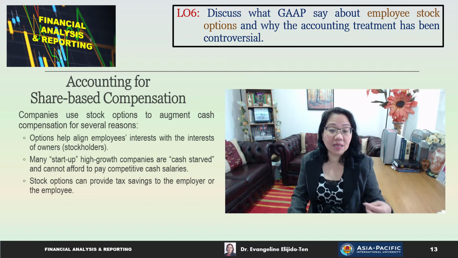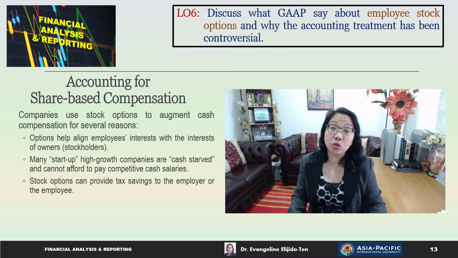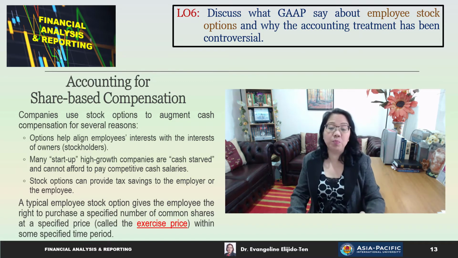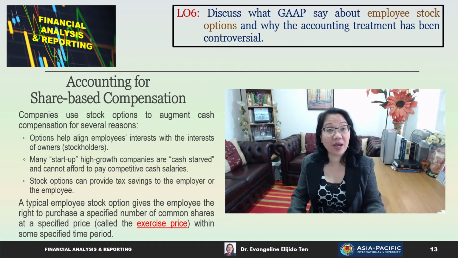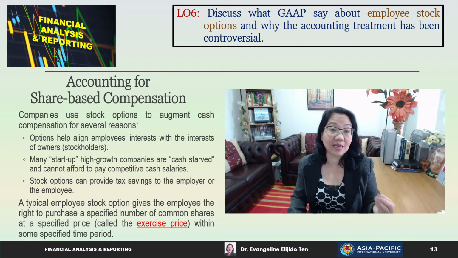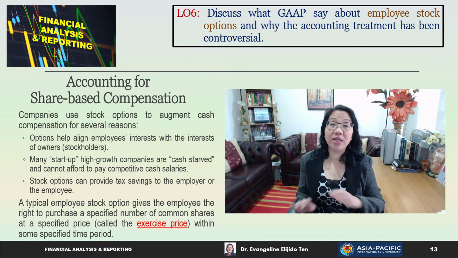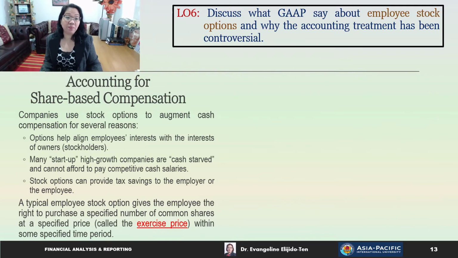Another reason is that stock options can actually provide tax savings to the employee or the employer. A typical employee stock option gives the employee the right to purchase a specified number of common shares or stocks at a specified price, called the exercise price, within a specified time period.